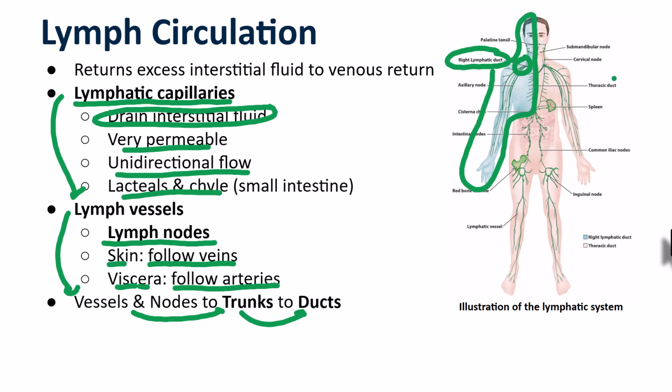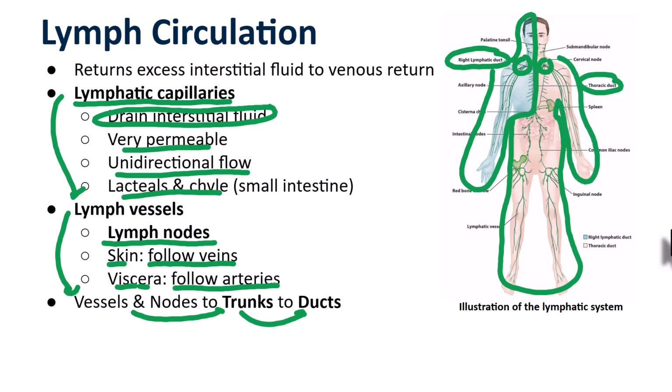And then there is also the thoracic duct. The thoracic duct drains into the left venous angle and is going to drain all of the lymph from the lower limbs and the abdominopelvic cavity, so everything below the diaphragm, as well as the left thorax, the left upper limb, and the left side of the head and neck.